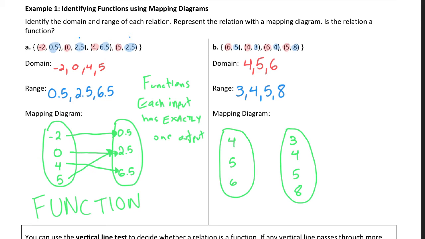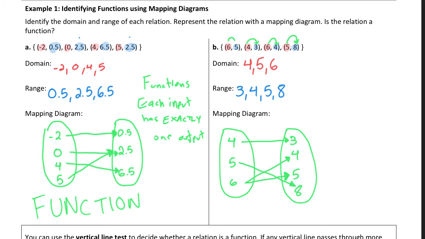So to make my mapping diagram, I look at this first point, 6, 5. 6 as an input goes to 5 as an output. 4 and 3. I'm going to draw a line from 4 to 3. 6 to 4. So I'm going to go from this 6, I'm going to draw a line to 4. And then for 5 to 8, I'm going to draw a line from 5 to 8 to match them up.